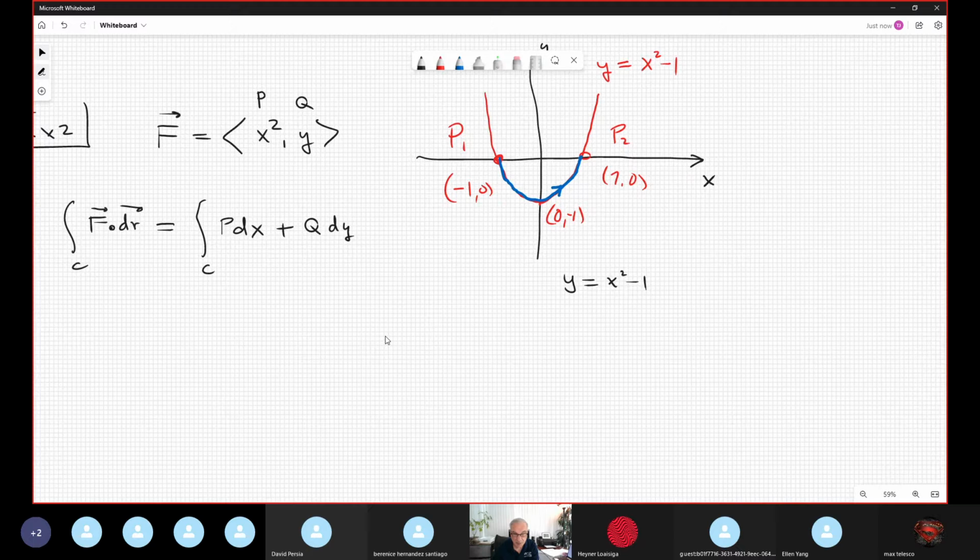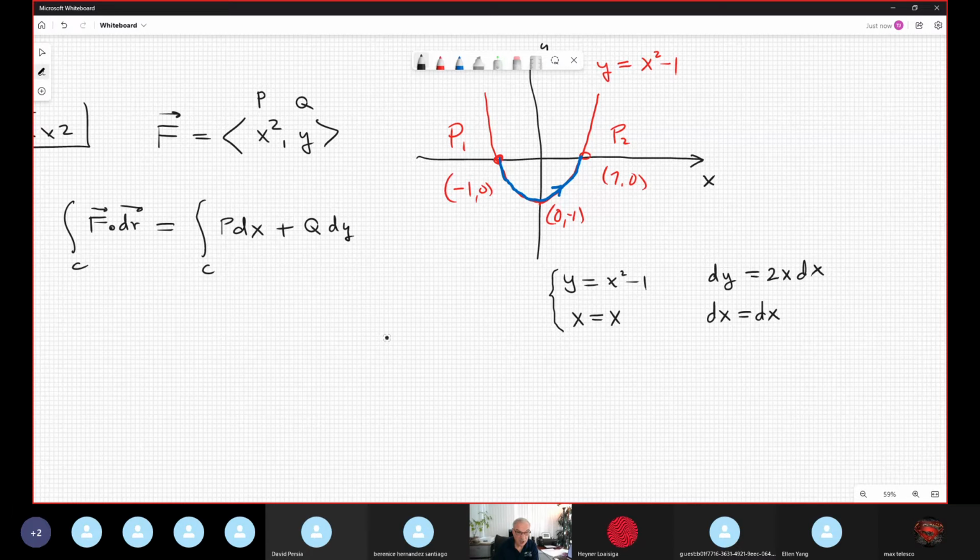In the natural parameterization, x is x, and y is x squared minus 1. dx is dx, because the derivative of x with respect to x is 1. And dy is 2x dx. Make sense? You differentiate with respect to x: the derivative of x squared is 2x, the constant is 0.